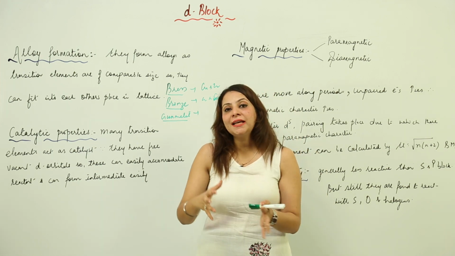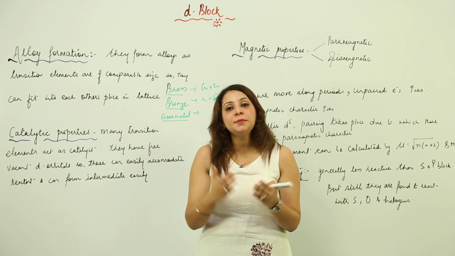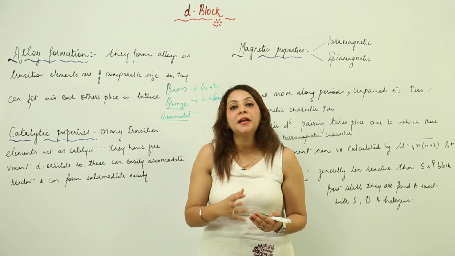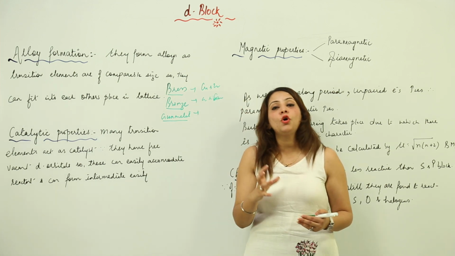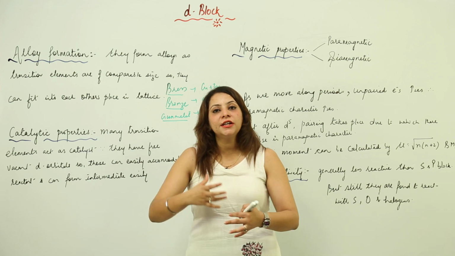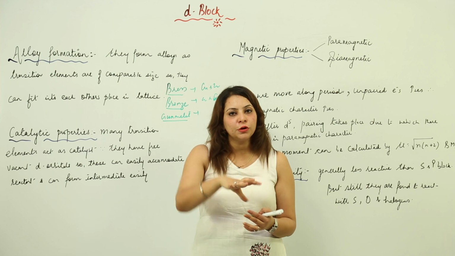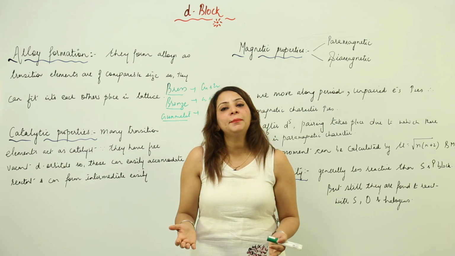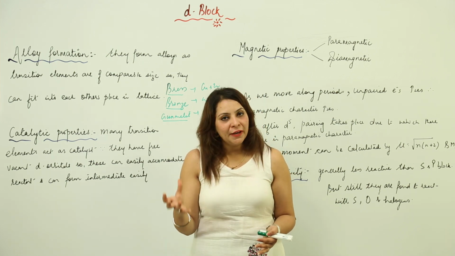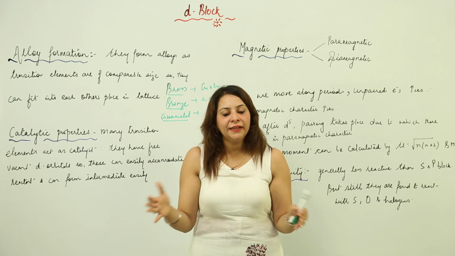And why are alloys formed of transition elements? The reason is that they are of comparable sizes. Their sizes are almost the same. Whenever an alloy is formed, the place of one atom is to be substituted by another atom. This can happen easily because they are of comparable size. Suppose we heat them, the lattice gets open.